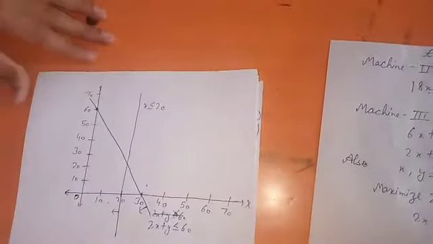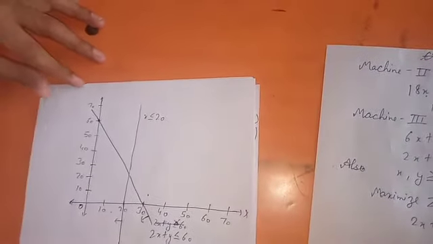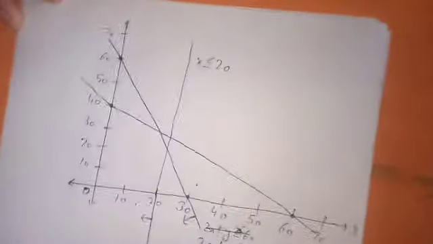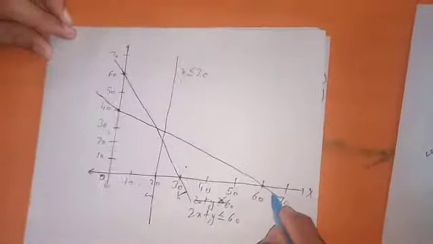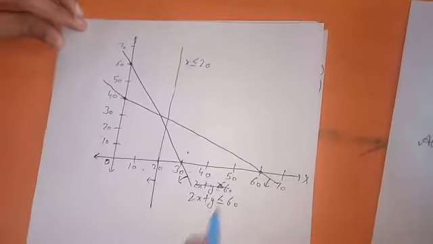And the last constraint is when x is 0, y is 40. This. And when y is 0, x is 60. It's this point. Okay. Now we can join these 2 points as well. Okay. Now for it, we will get the feasible region towards the origin. And what is this line?